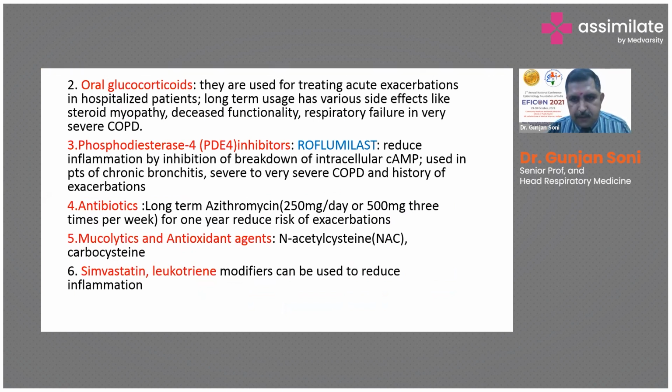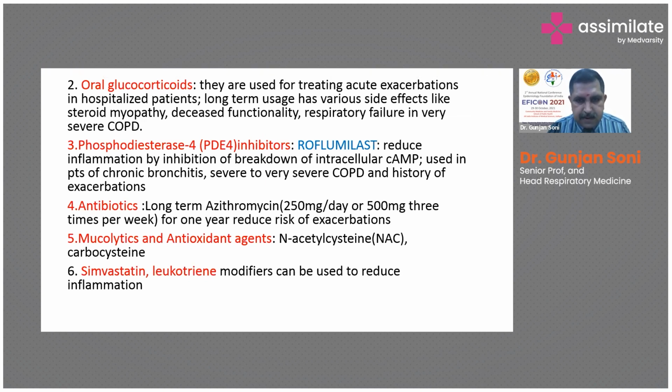They are used for treating acute exacerbations in the patients who are in the hospital. The long-term use has various side effects like steroid myopathy, decreased functionality, and respiratory failure is very common in the severe COPD.